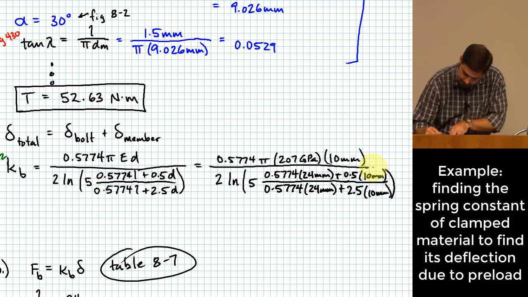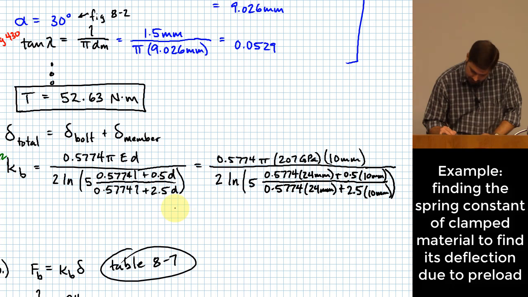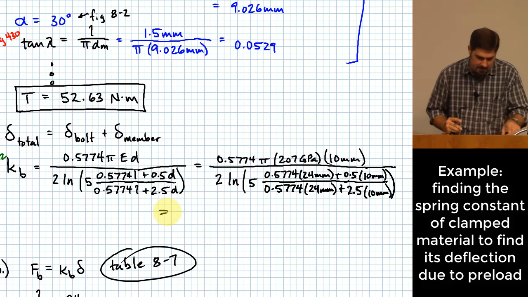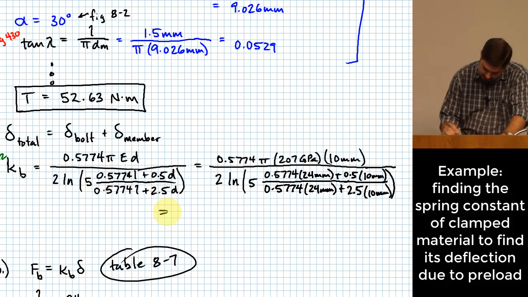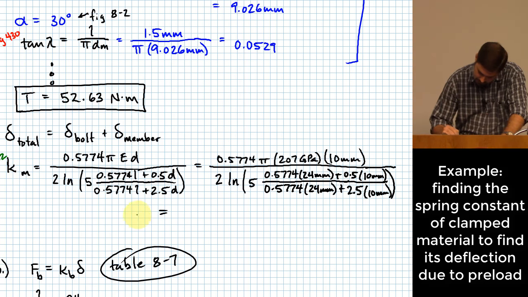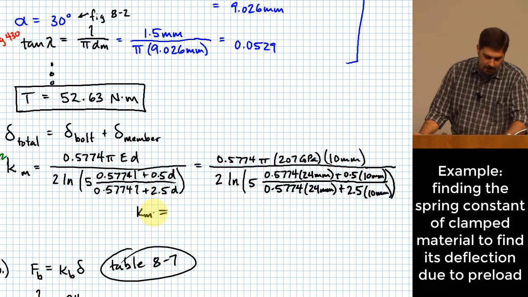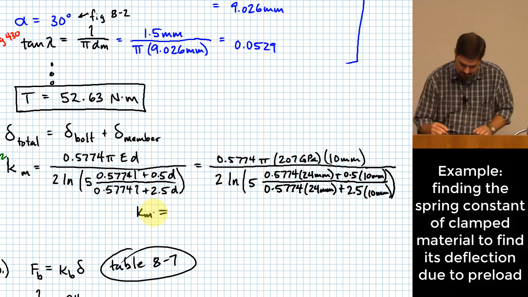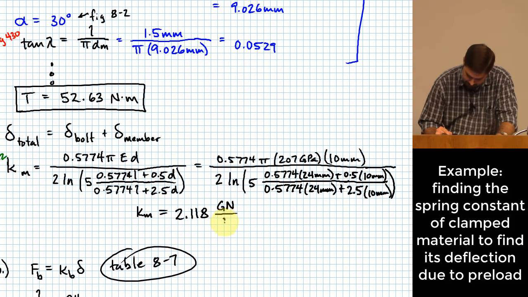All right. So this tells us that K sub M, I meant to say M up here, K sub M for the member, we already found K sub B for the bolt. So K sub M for the member ends up being 2.118 giganewtons per meter.